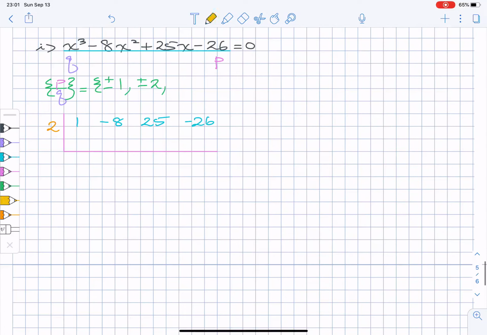So we drop down the lead coefficient 1. 1 times 2 is 2. We add this column. Negative 8 plus 2 is negative 6. Negative 6 times 2 is negative 12. Add this column. So 25 minus 12 is 13. Times 2 is 26. Add the column, we get 0, which is what we wanted.